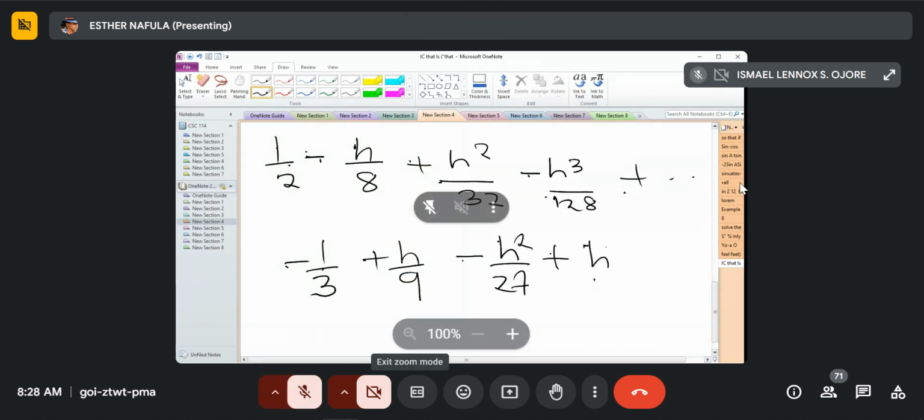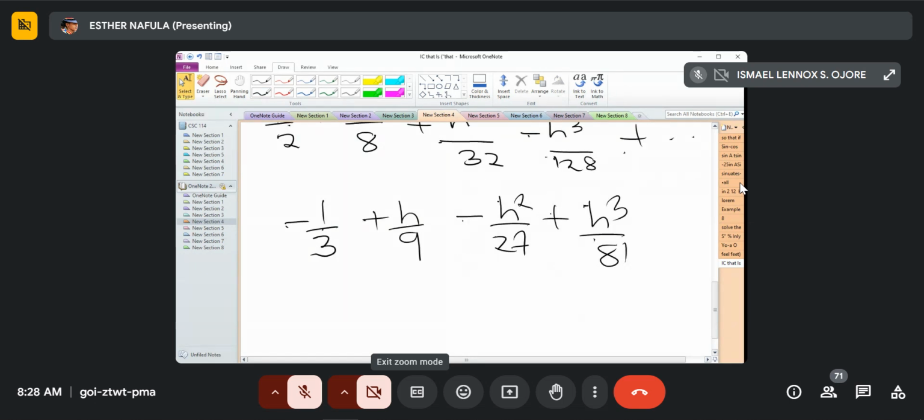H cubed over 81. So let's try to collect the like terms. So we have the constants: a third, a half minus a third. So this is a half minus a third. For h, what do we have? We can factor out the h. What do we have here?